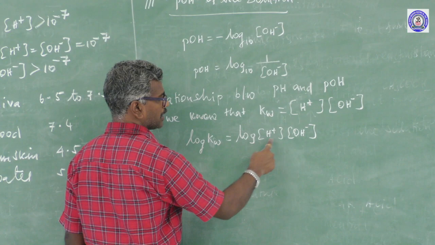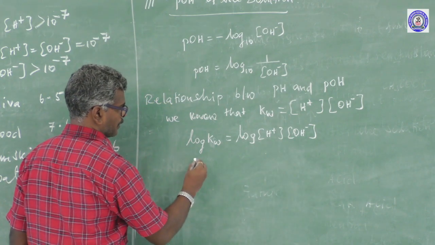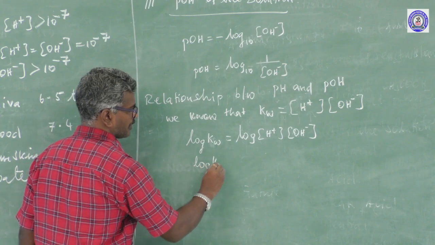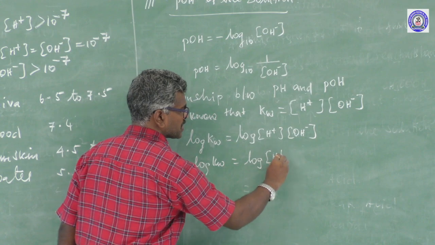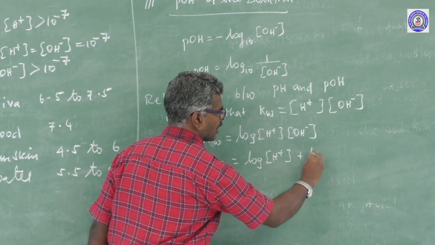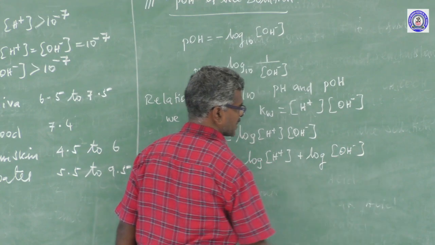Log of A times B is equal to log A plus log B. So log Kw equals log of the concentration of H plus, plus log of the concentration of OH minus.